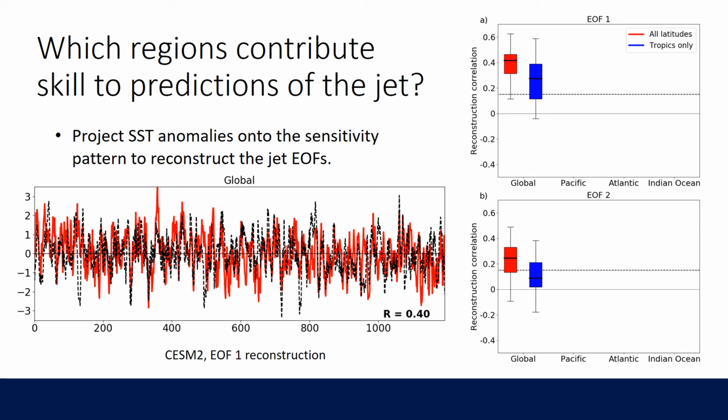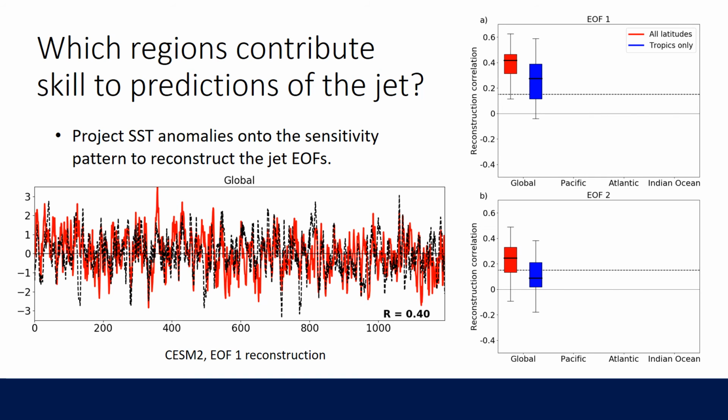If we do this for all models and plot box plots on the right, you can see that almost all models are significantly correlated with the SST-based reconstruction, suggesting that the SSTs play a significant role in decadal jet variability.